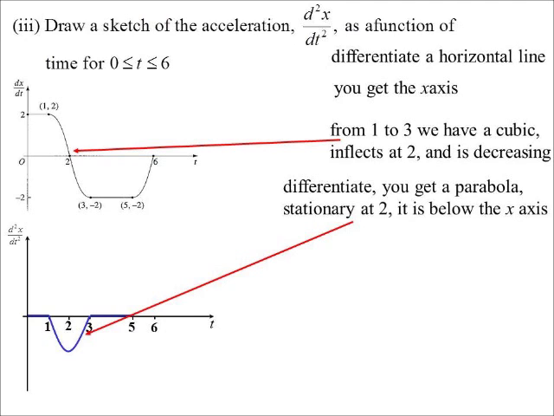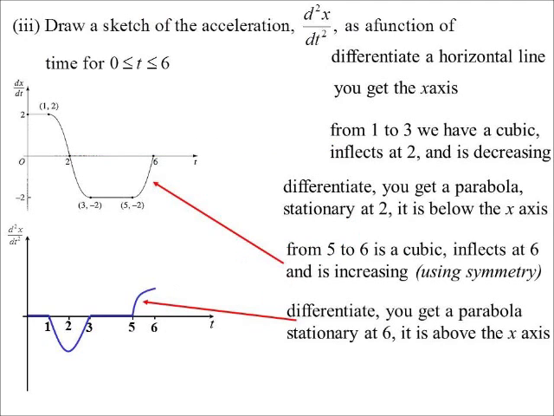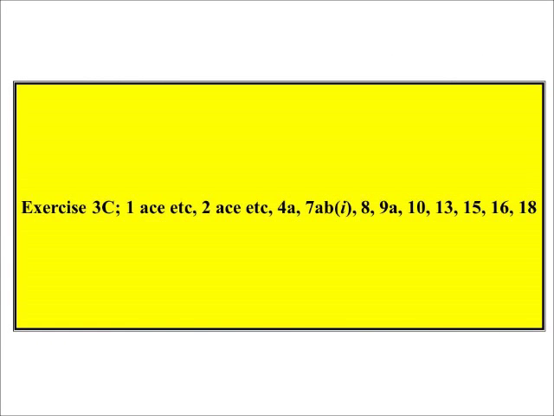So it had to go below. Now, I'm again guessing here, but I'm guessing that that shape's the same as this one over here. So if I've assumed that's a parabola, I'm going to assume that's also parabolic when I differentiate it. And so I'll get something like that. And this time it's above, because the curve is increasing, so its derivative is positive. Okay, that was a fair bit there, but getting those graphs right is kind of important.